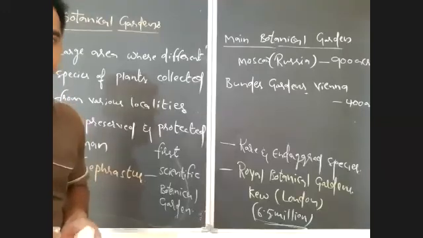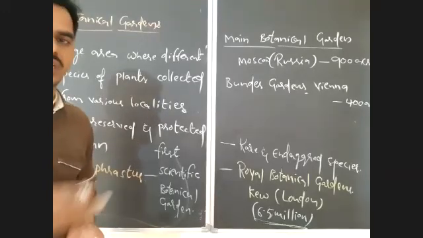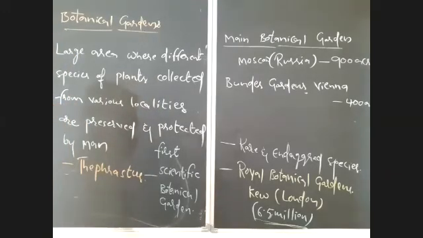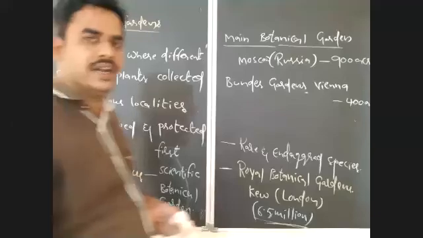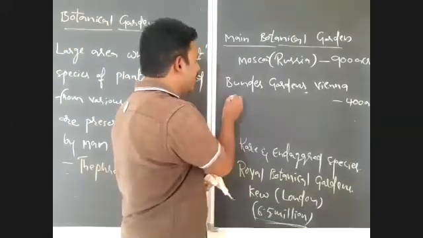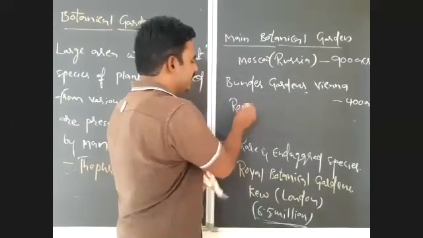And in India, the Indian Botanical Gardens, as I already mentioned, is the largest in India. Indian Botanical Gardens of Kolkata. After these two, the Royal Botanical Gardens of Kew, London is there.